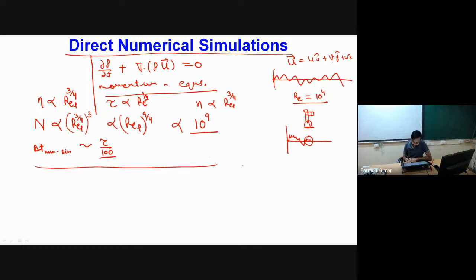For example, when we consider a very fine, small grid size, sometimes the numerical errors in the solution will be of the order of the convective and diffusive terms.